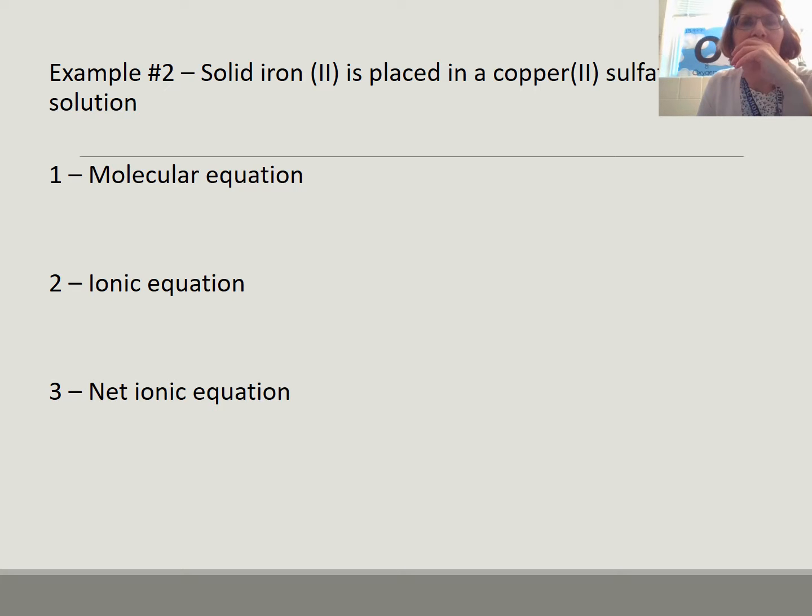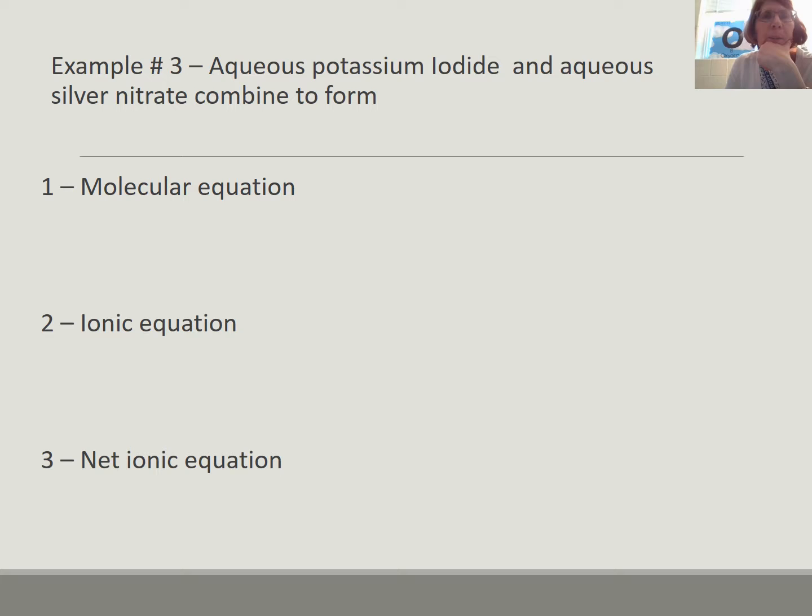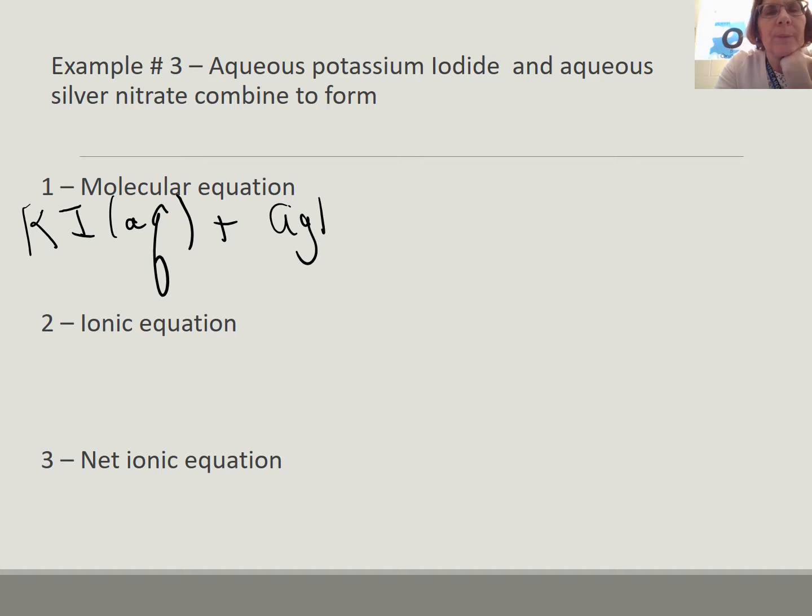Okay, actually I'm going to skip example 2. I think we're going to go to example 3 because it's not really a double replacement. All right, so we have potassium iodide and aqueous silver nitrate combined to form. So we're going to do KI aqueous plus silver nitrate aqueous.